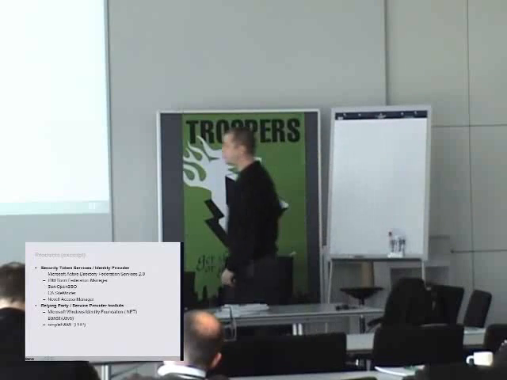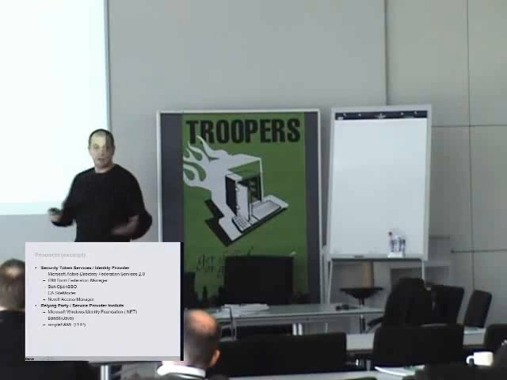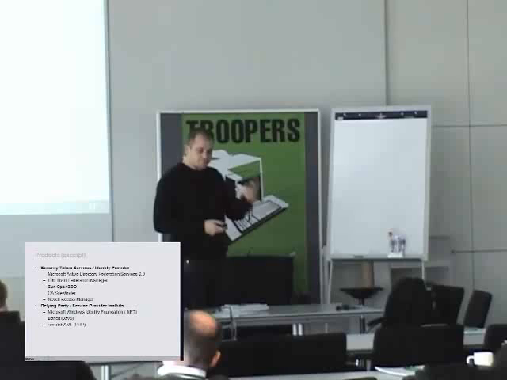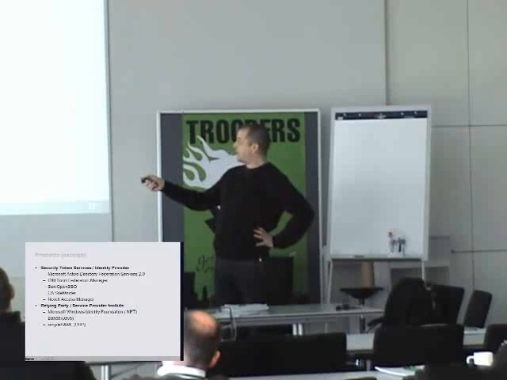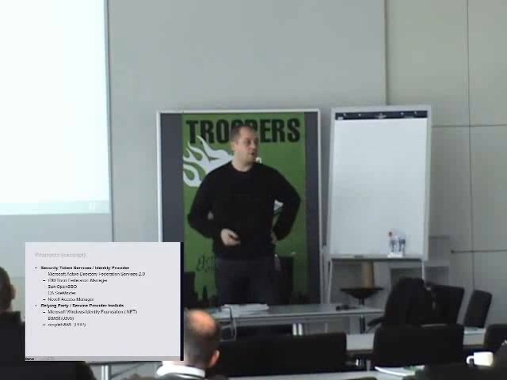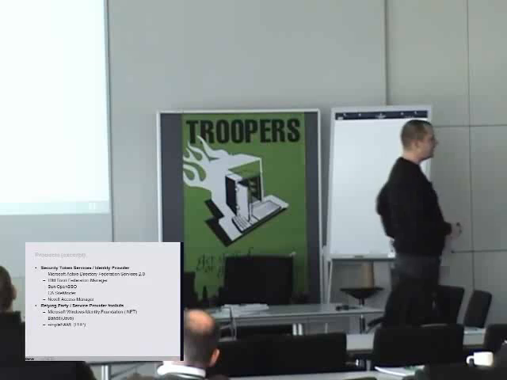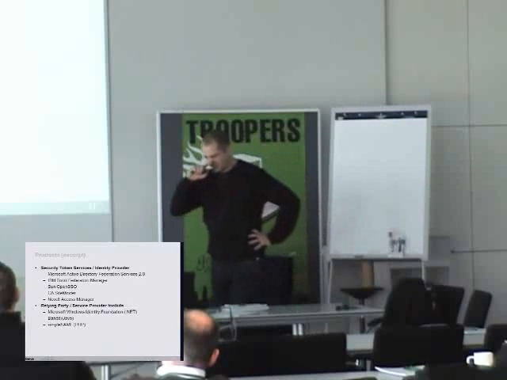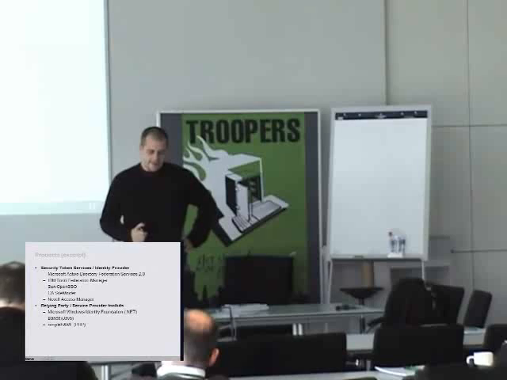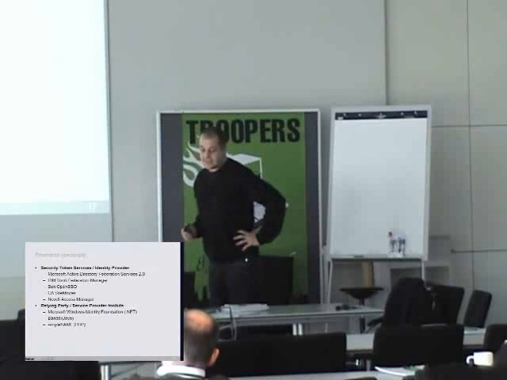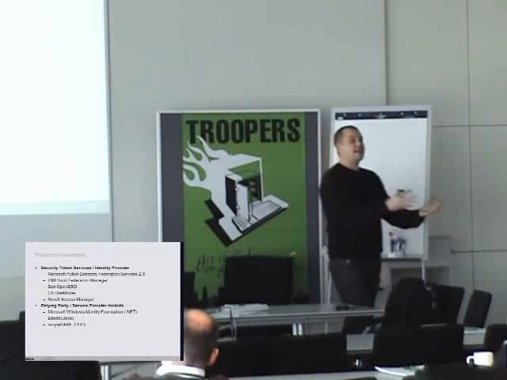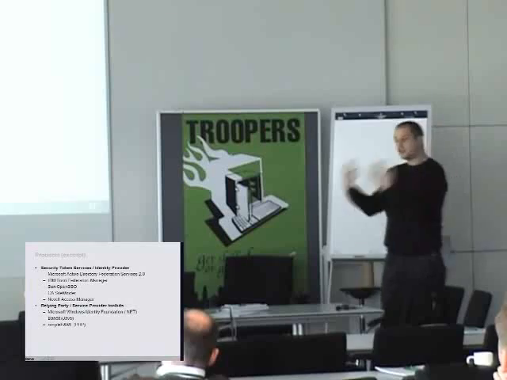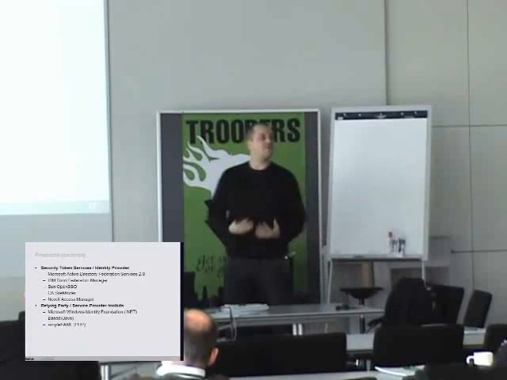Here are a bunch of products that you can use to implement this. There's the Microsoft Active Directory Federation Services 2.0, which is currently in its release candidate stage, to be released in the next 4 weeks, I think. This is basically a thing which plugs into AD and is able to issue tokens for your AD users.